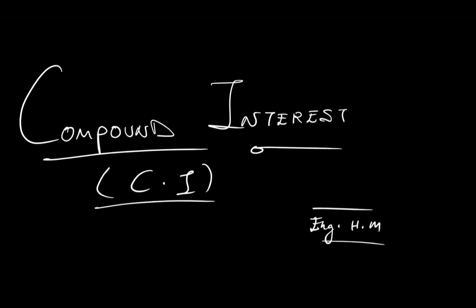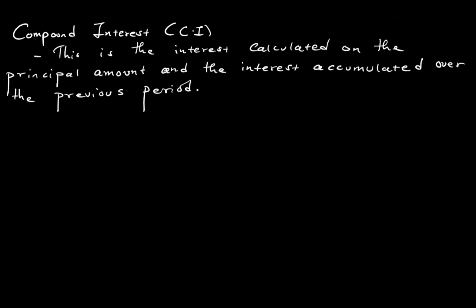Alright, let's begin. Firstly, we need to understand what compound interest really is. So what is this so-called compound interest? This is just the interest calculated on the principal amount and the interest accumulated over the previous period.